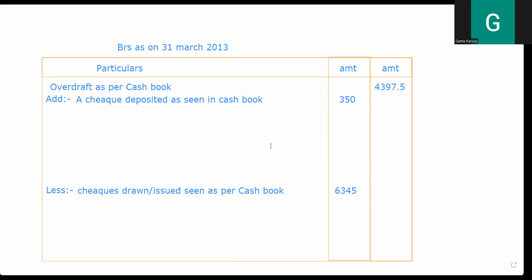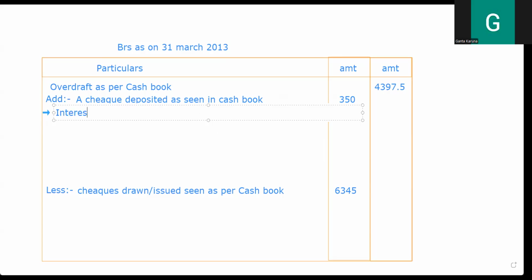The next one, it says a passbook showed 142 as an interest on overdraft, which is not appearing in the cash book. But for me, what is important here is my cash book, but it is not showing itself. So when my cash book is not showing, I should also cancel it or not. So the thing which was on the expenses side, because I am canceling it, it will be coming on to the income side.